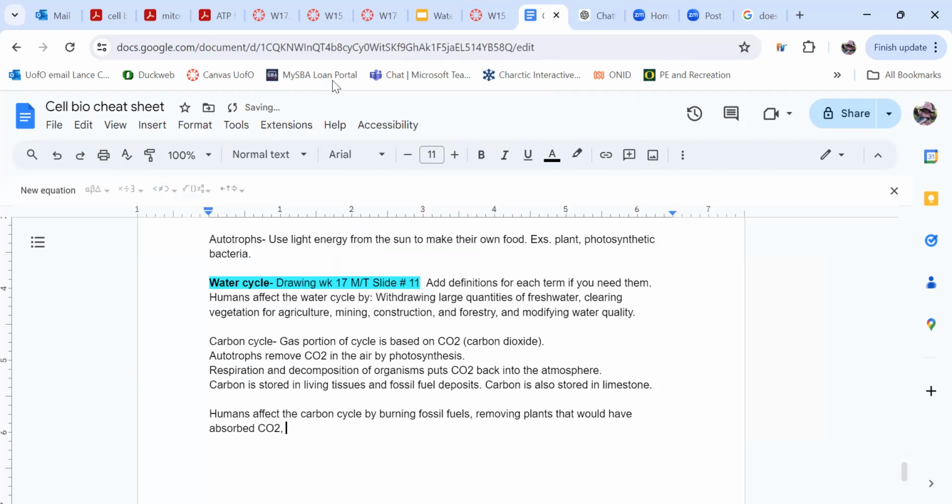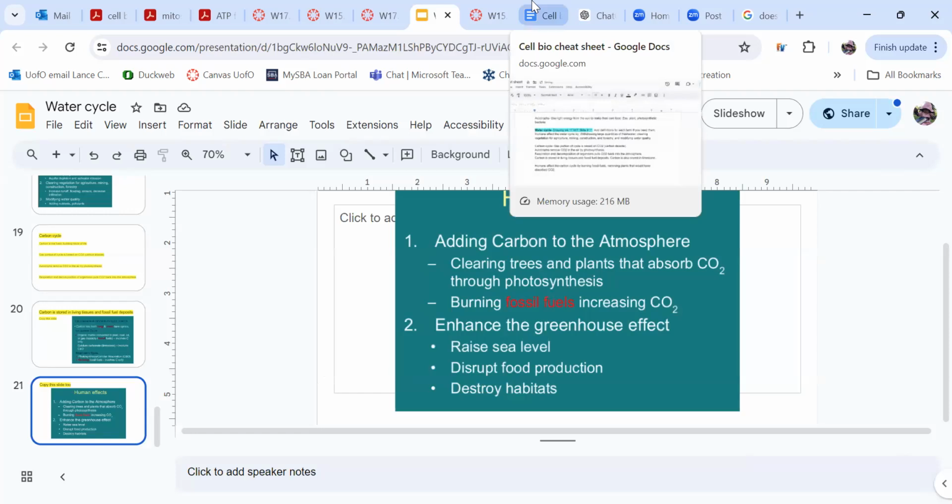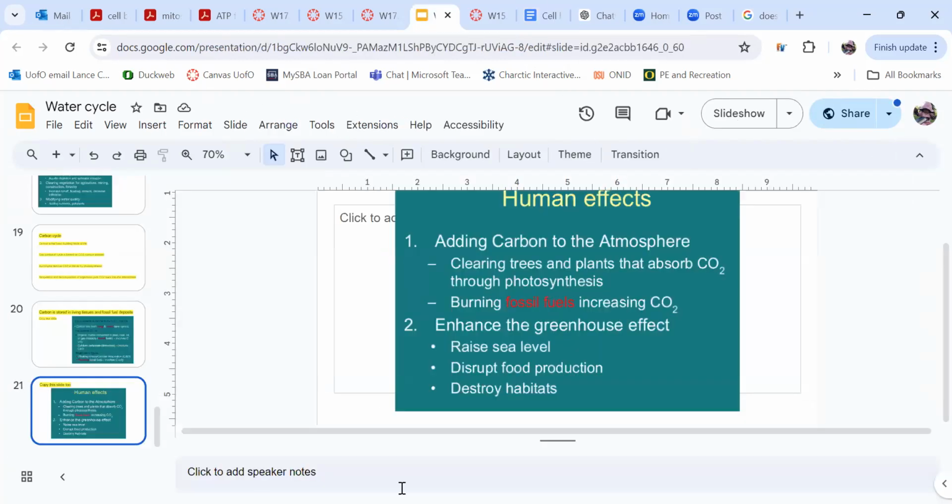And was there another one there? And enhance the greenhouse effect. By burning fossil fuels and removing plants that would have absorbed CO2, this enhances the greenhouse effect.